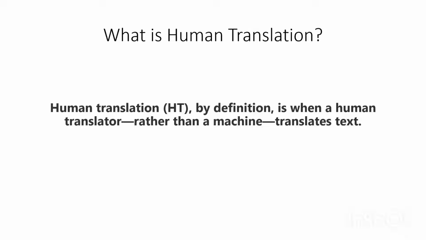machine translates the text. Human translation is the oldest form of translation there is, because machines are relatively new and machine translation was discovered later on in the 1940s, but humans have been performing the activity of translation since a long time.